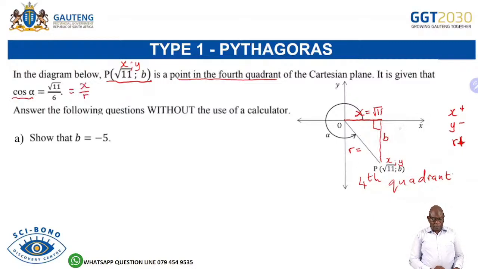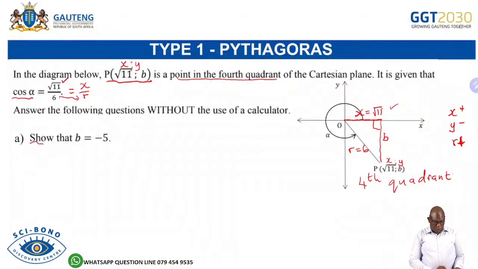So my x value is the square root of 11, that's fine. My r value is 6, so I'm going to put a 6. What is it that I don't have? I have b, which is a y value, and I don't know what it is.